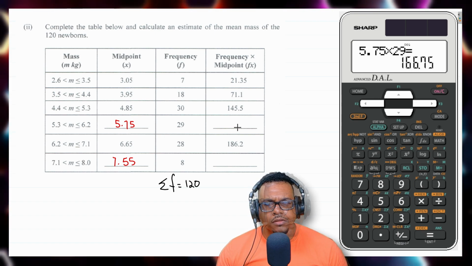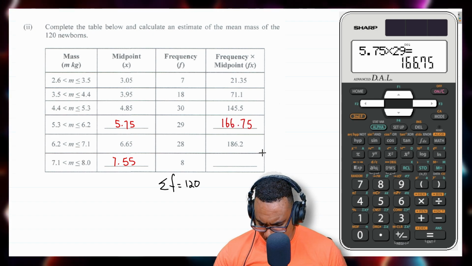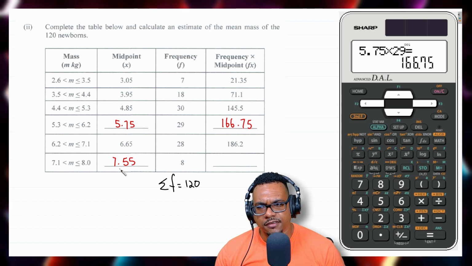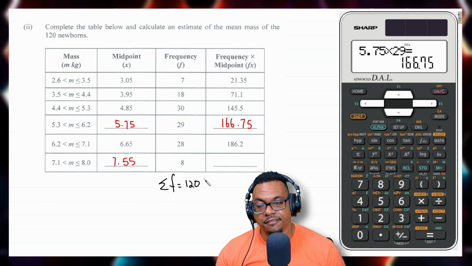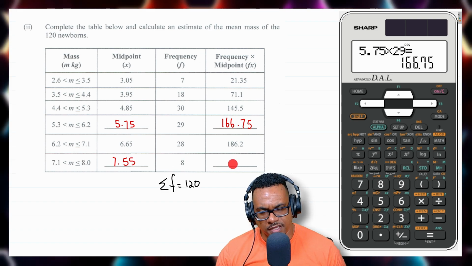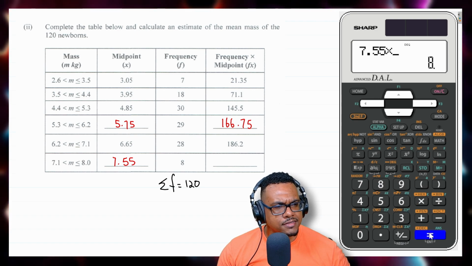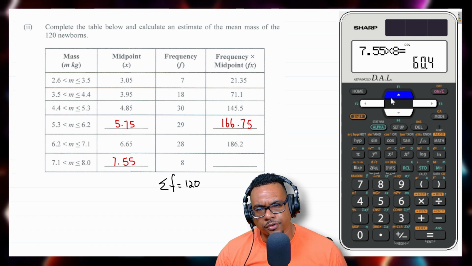166.75. So I'm going to write 166.75. And then to get what's missing here, I'll multiply this midpoint, 7.55, by the frequency 8, so X by F, and that will give me the answer for here. So we have 7.55 multiplied by 8, and that will give you 60.4.